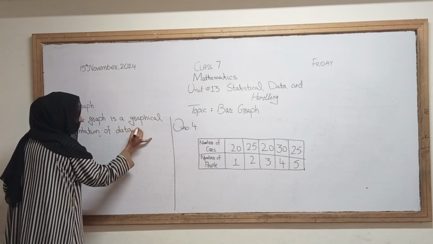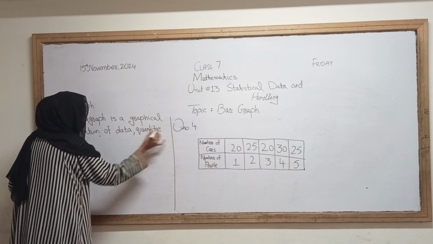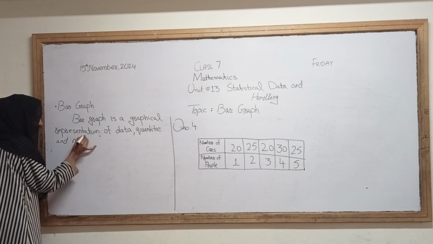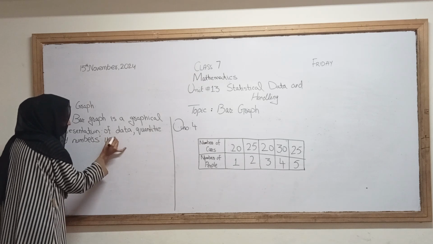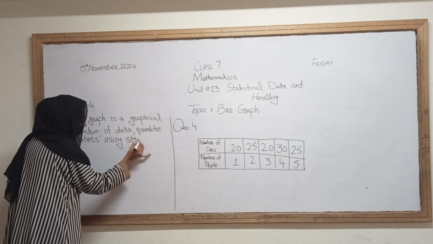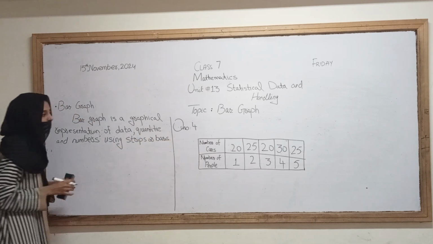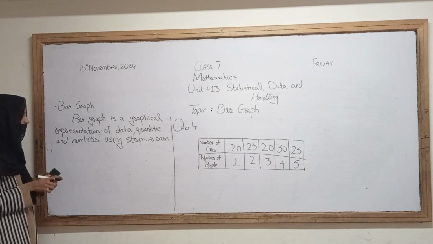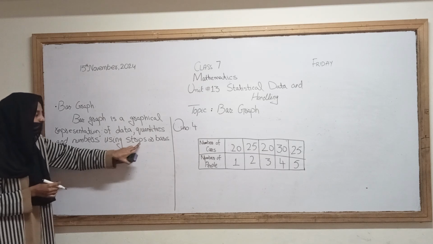It may be quantities and numbers, using strips or bars. That's why it is called a bar graph. Bar graph is a graphical representation of data, quantities, numbers using strips or bars.